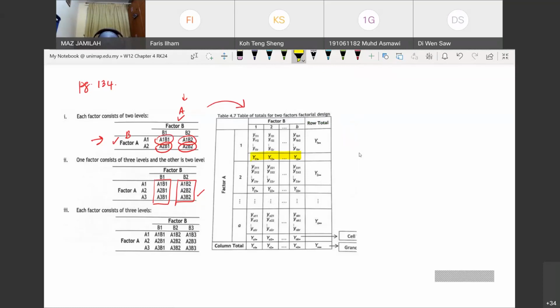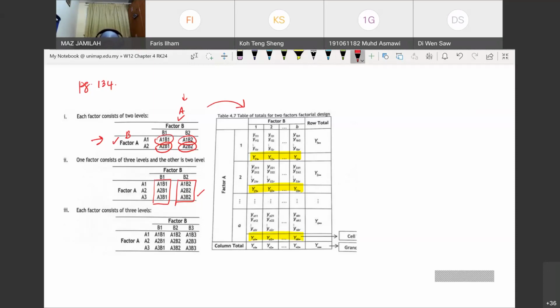This is the total for the first row, I mean for the first factor, level 1 of factor A. This is the total for level 2 of factor A, and this is the a-th level of factor A. This is what we call the cell total.